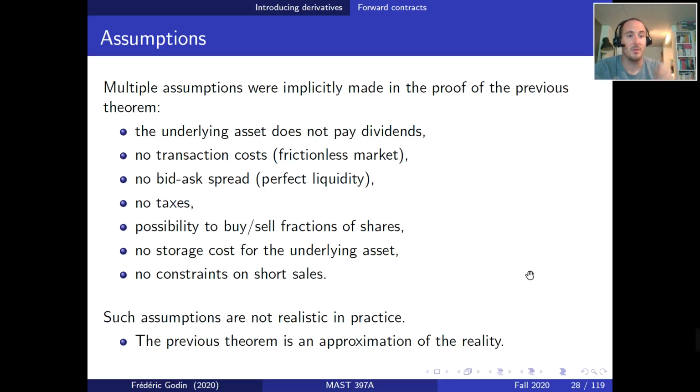So sometimes if you purchase a stock, well, you need to pay a commission, which is a cost. So this was not taken into account in the previous proof. We didn't consider the bid-ask spread. So we said that the price at time t of the underlying asset is S_t, but in practice there's no such thing as a single price. Okay, so there's a bracket of prices in practice.